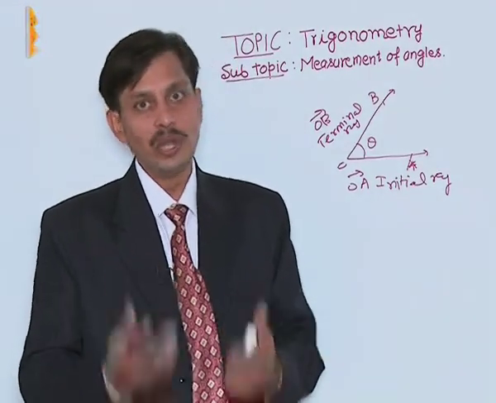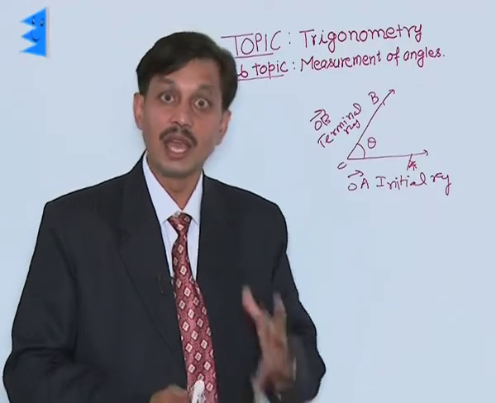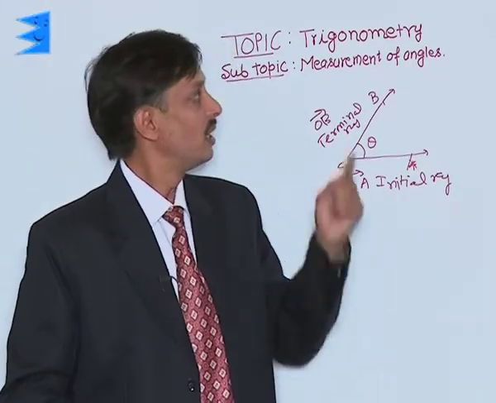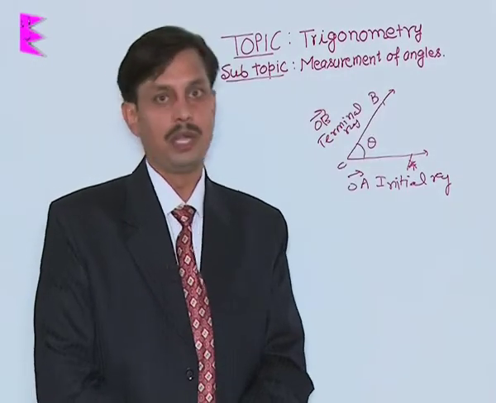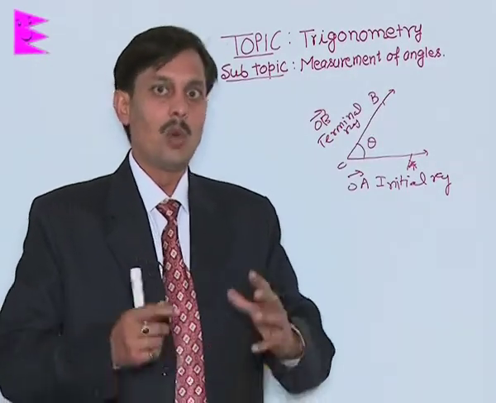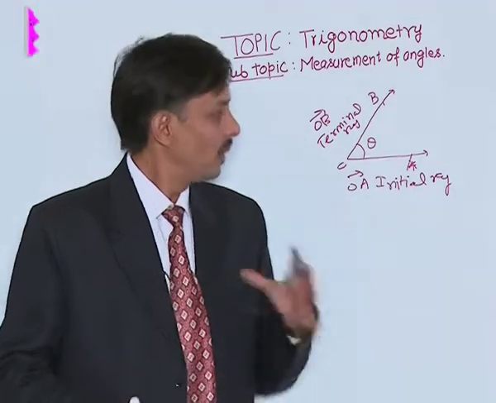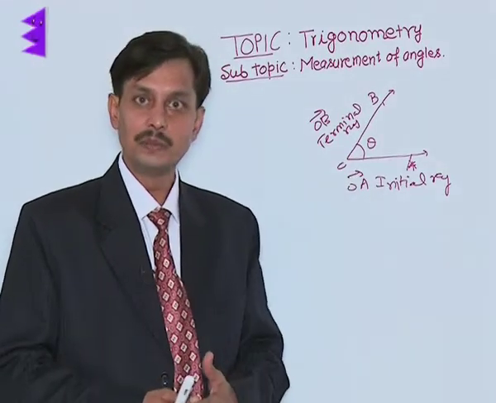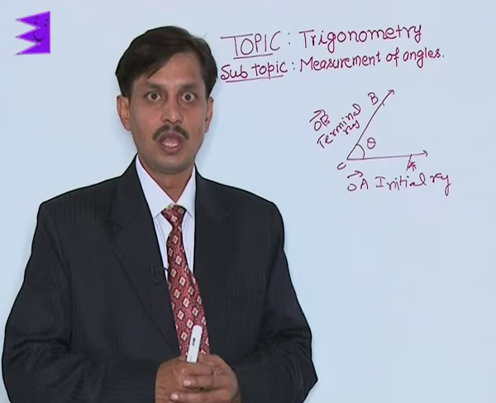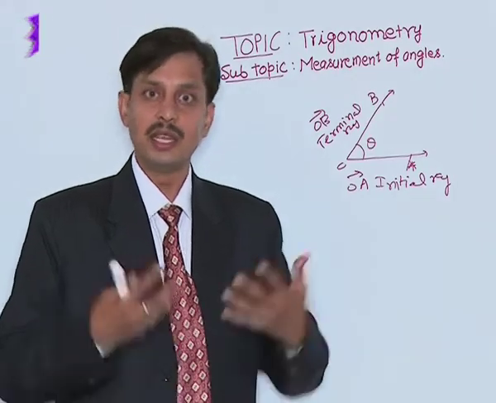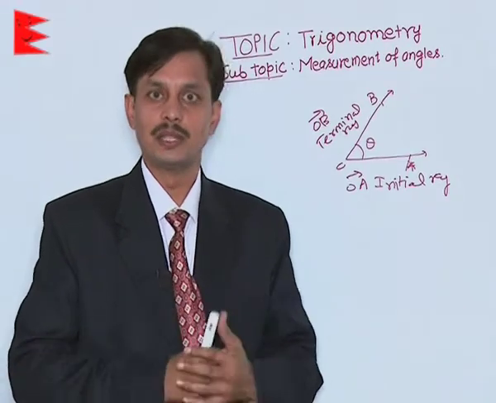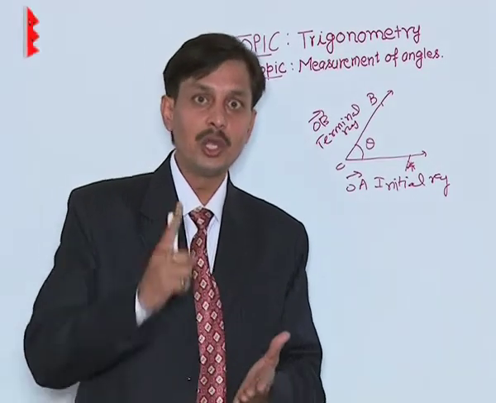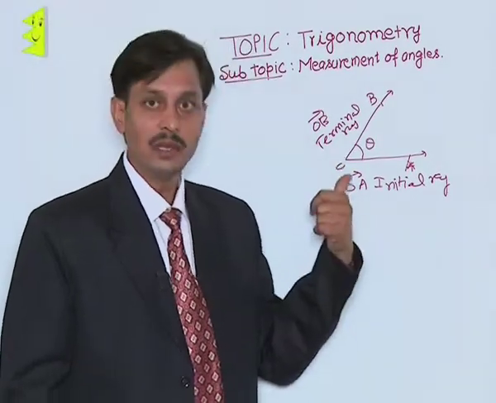The three different units of measuring the angle are studied in the subtopic of trigonometry, that is, the measurement of angles. What are these three? Angle can be measured in degrees, in grades, or in radians. So, there are three units of measuring the angle.